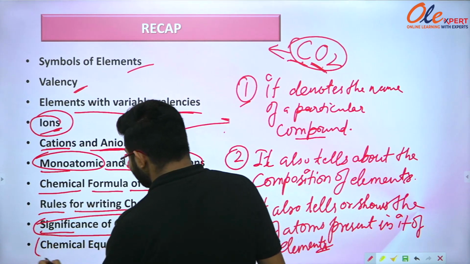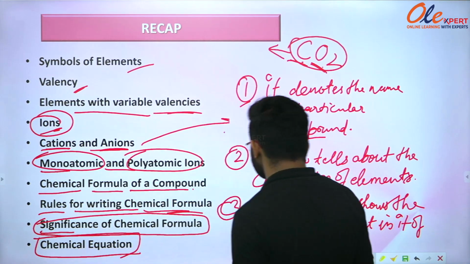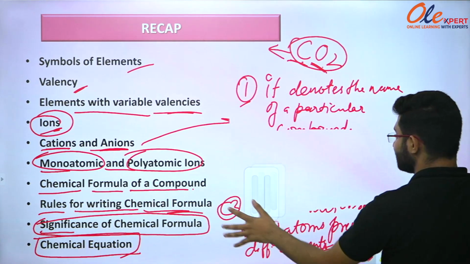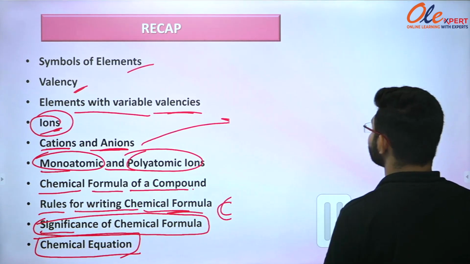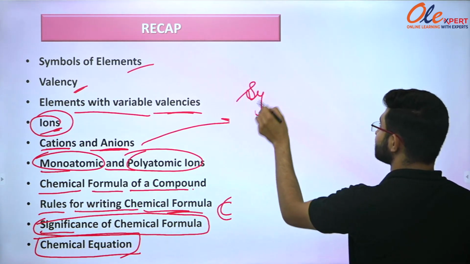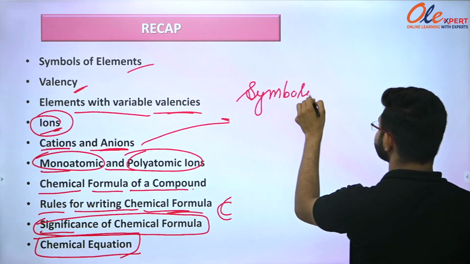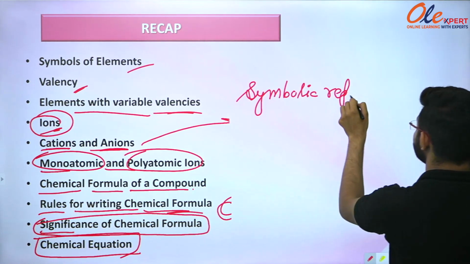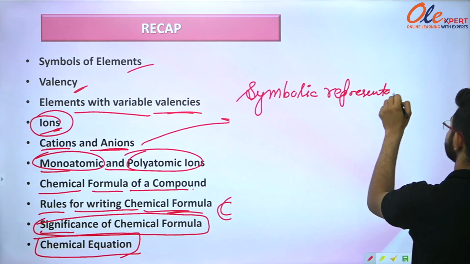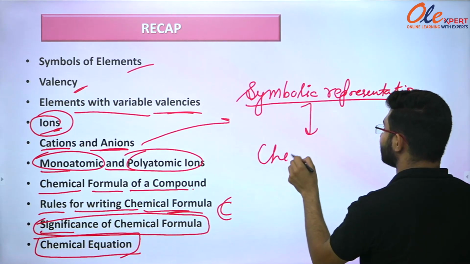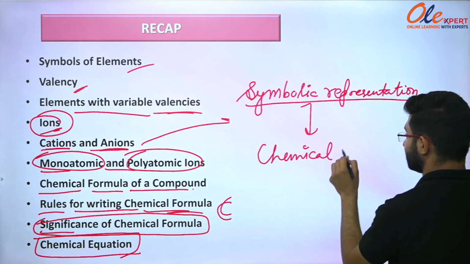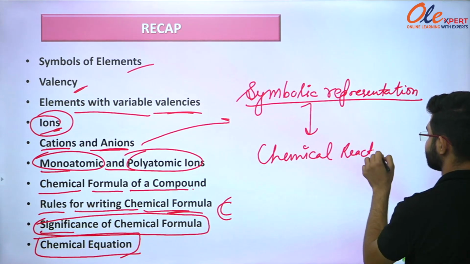The next topic that we have studied was the chemical equation. What is a chemical equation? A chemical equation is the symbolic representation of a chemical reaction.